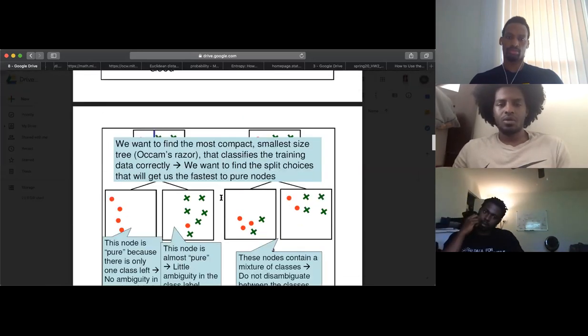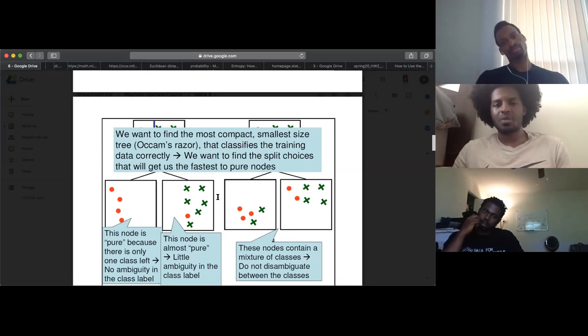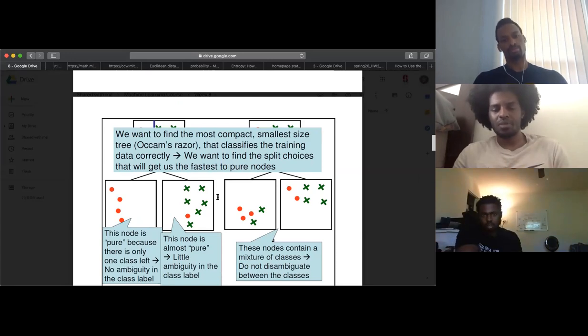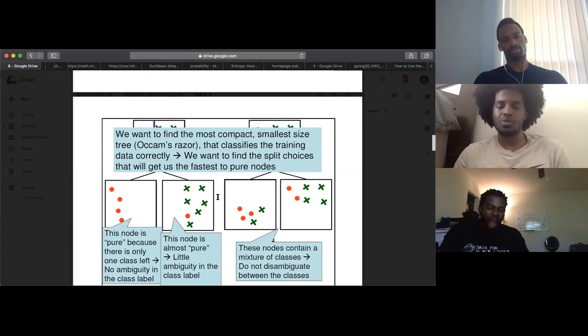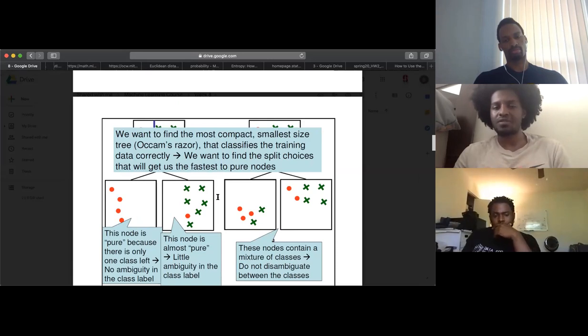So you want to find the most compact, smallest tree size. I've seen this term Occam's razor before, but I didn't look it up, so I need to refresh on that. But the concept is the same. Basically you're looking to find the most efficient representation of a tree that could classify the data correctly. So you want to pick the splits that will get you to pure nodes the fastest.